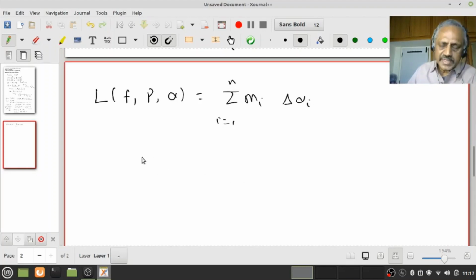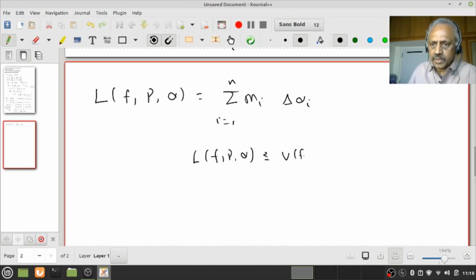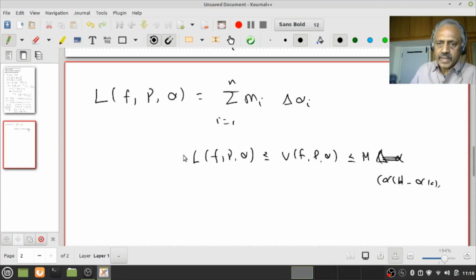So what you had already seen is the following: L(f, P, alpha) is always less than or equal to U(f, P, alpha), which in turn is less than or equal to capital M times delta alpha, which I can write as alpha(b) minus alpha(a). And this is greater than or equal to little m times alpha(b) minus alpha(a). This we had already seen.